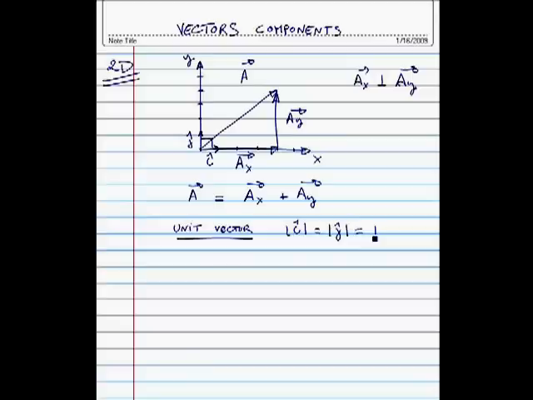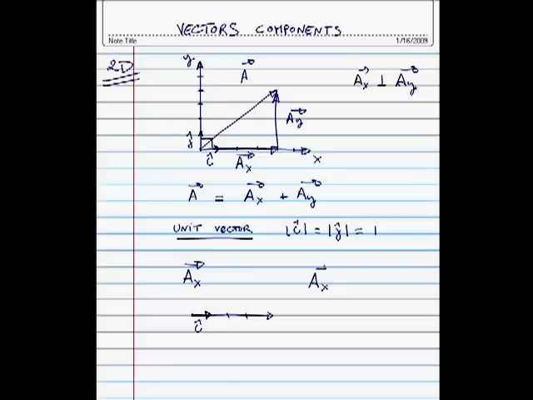Since vector i and vector Ax are parallel to each other, I can replace my vector Ax, which has a length of 1, 2, 3, 4, by 4 times the vector i. If I take my unit vector i and multiply it by 4, I end up with the vector Ax.